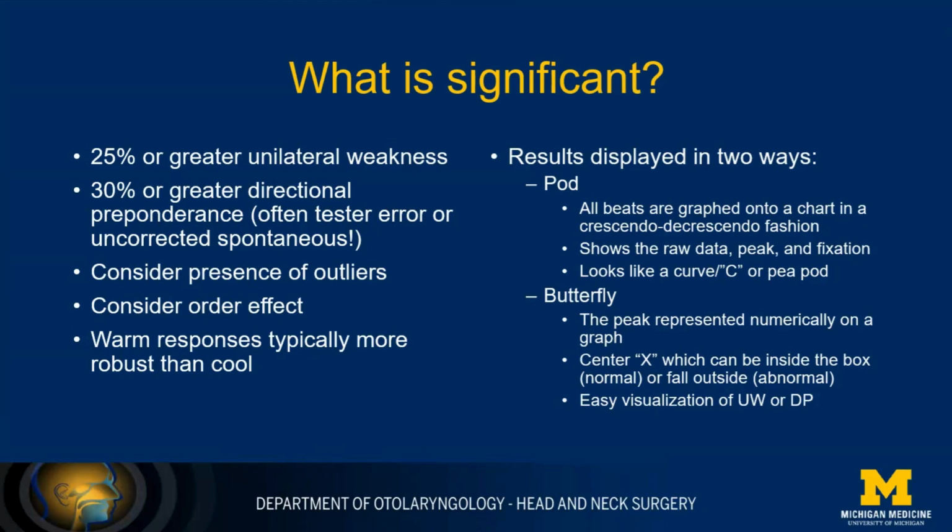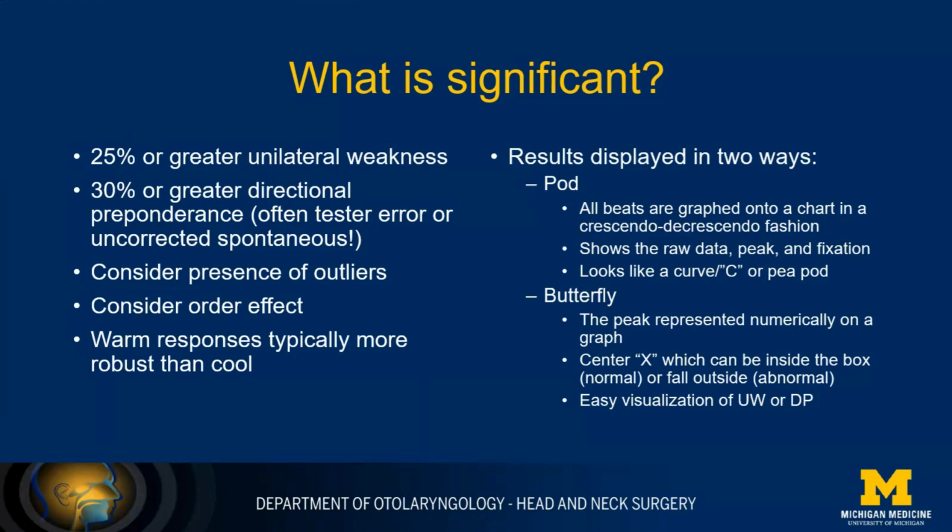So if you correct for the spontaneous nystagmus, typically your directional preponderance will also correct. So I have seen maybe one or two who have actually abnormal directional preponderance out of the last 10 years, once I've done all the corrections, once I've made sure that all of the tracings look appropriate.